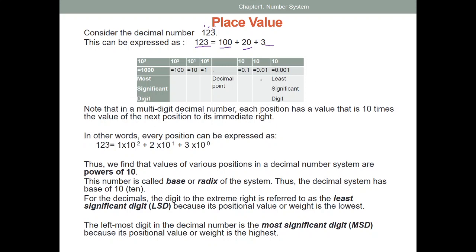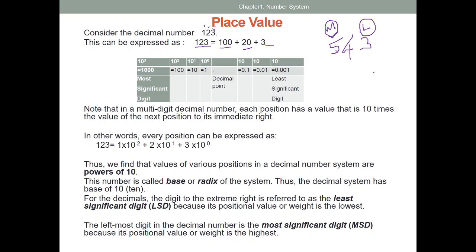So what is meant by most significant bit and least significant bit? For example, I am writing the number 543. The leftmost digit is considered the most significant bit. The rightmost digit is considered the least significant bit.